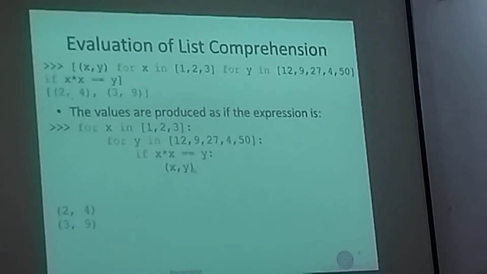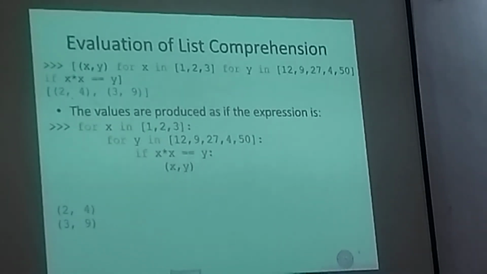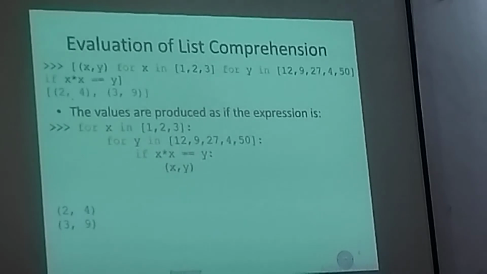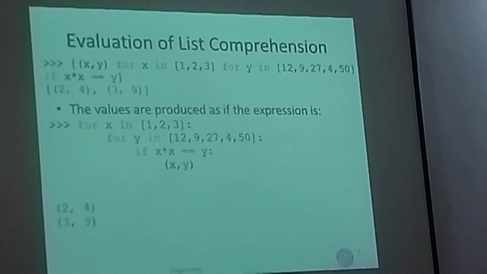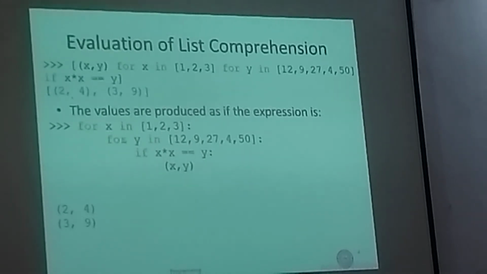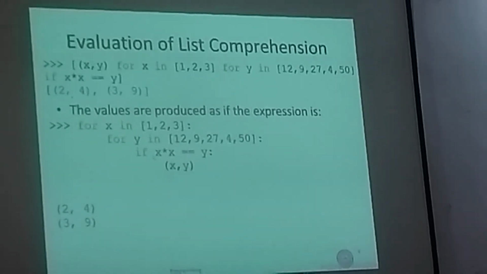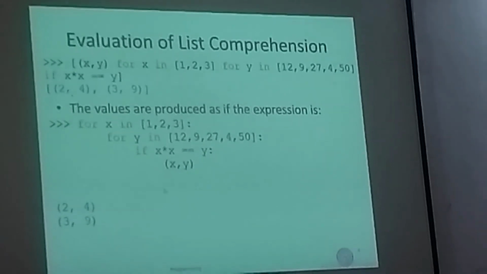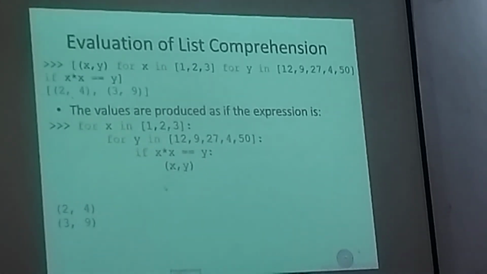That part I have not shown here, but just to see how these pairs are generated, we can convert the complicated list comprehension expression into nested fors and ifs. So in this case, the pairs that we get are 2, 4 and 3, 9. And if we use a list and then keep appending these pairs there, then we will get the resulting list as desired.